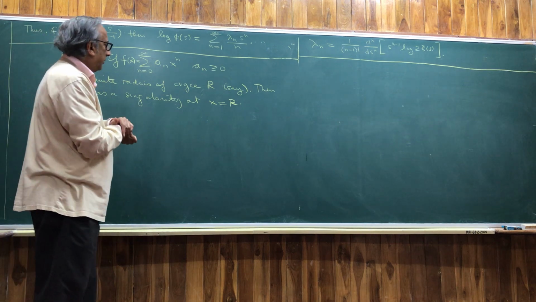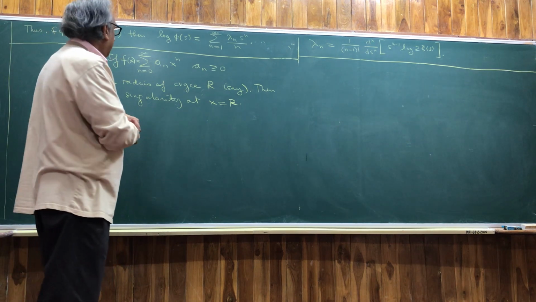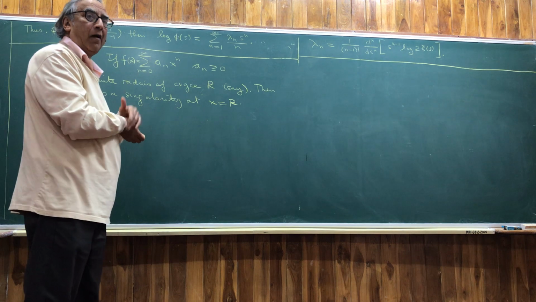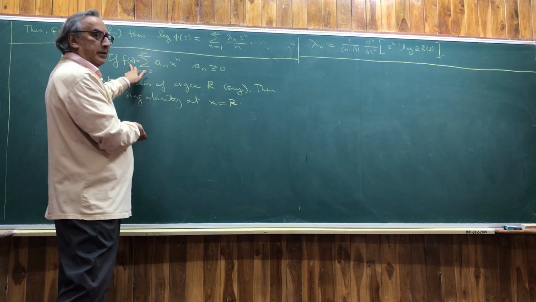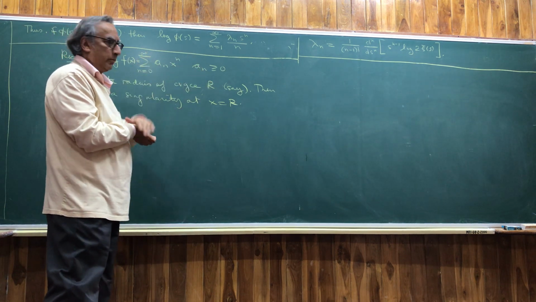Without loss of generality, we can assume R is 1, because I can just replace x by x over R, and the radius of convergence would be 1.